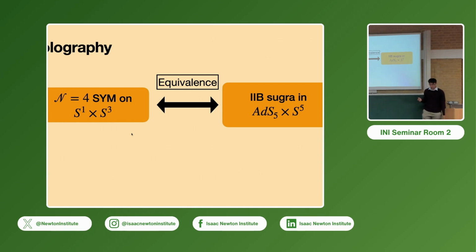One of the original motivations for this work is the holographic map, and in particular the best known relationship between N=4 super Yang-Mills on S1 × S3 on the field theory side and supergravity on the AdS side. A particularly useful thing about this map is that it can map strong coupling field theory to weak coupling supergravity and vice versa.